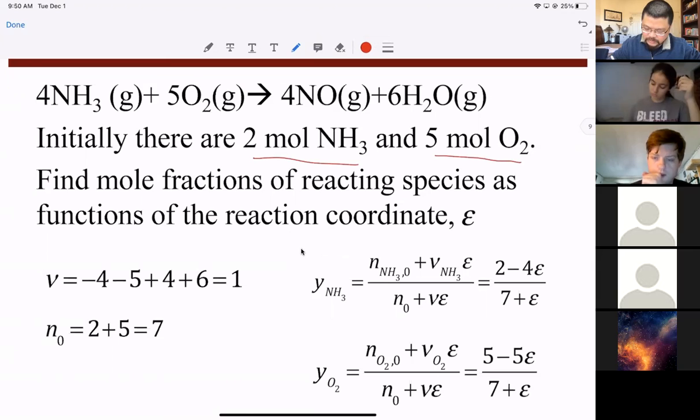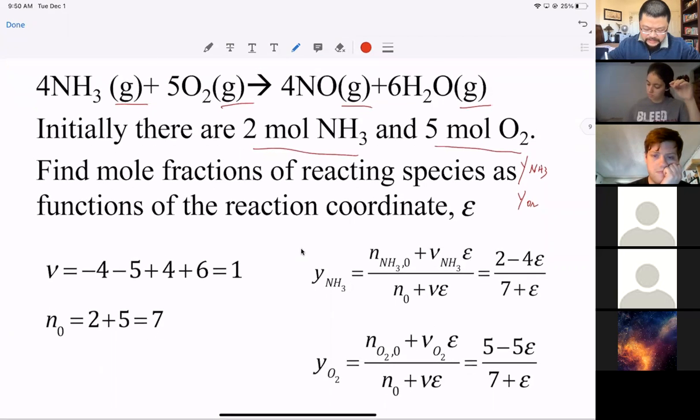Reacting species meaning we need to figure out the y for ammonia and the y for oxygen. We use x and y depending on the thermal state. Here we are dealing with gas, so we tend to use y. If we are dealing with a liquid reaction, then we tend to use x, to be consistent with the previous descriptions.